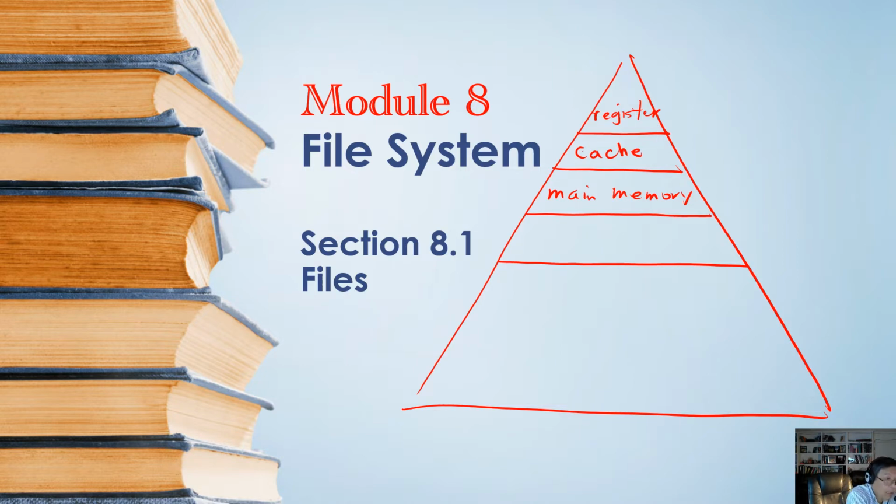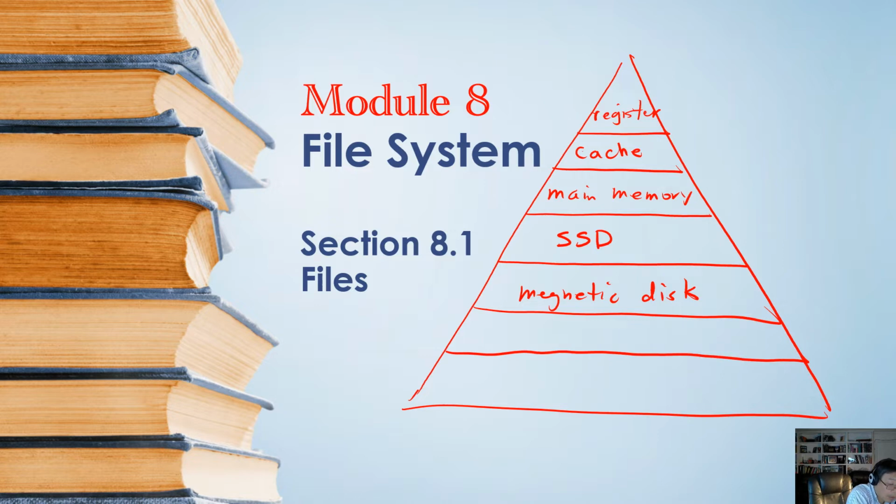The fastest type of hard disk storage is something called SSD, the solid state drive. And then we have the magnetic disk. That's the hard disk, right? That's something we use normally in a computer system.